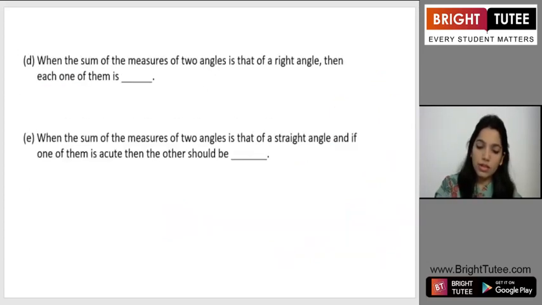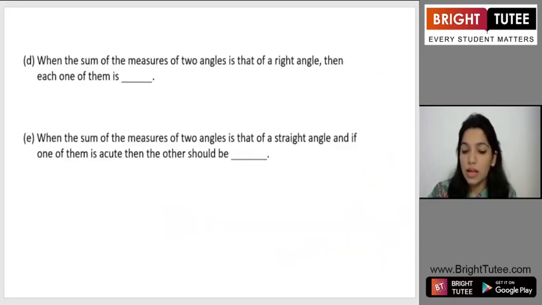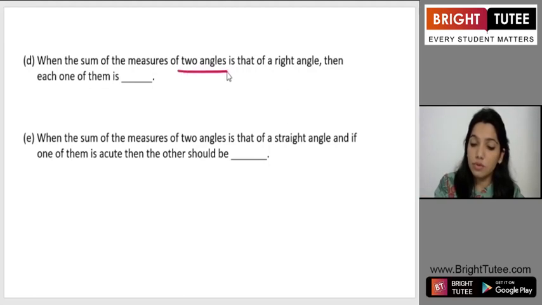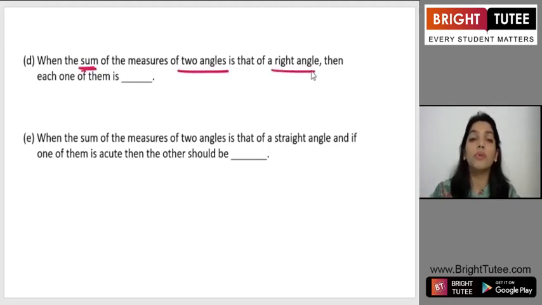Now moving to the next question. When the sum of the measures of two angles is that of a right angle, then each of them is... I hope you have understood the question. It is saying that the sum of two angles is equal to a right angle.